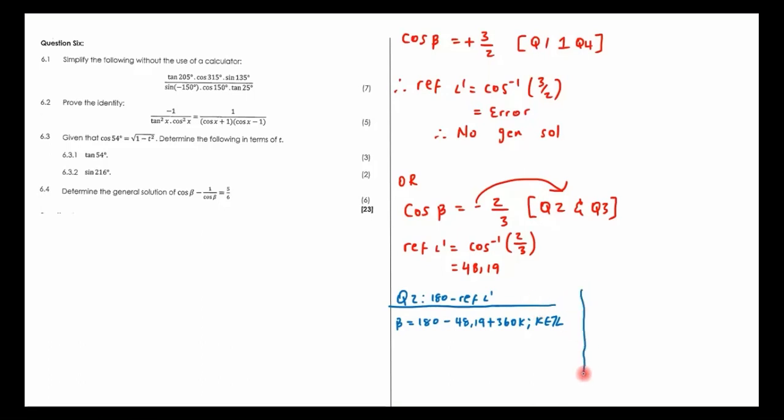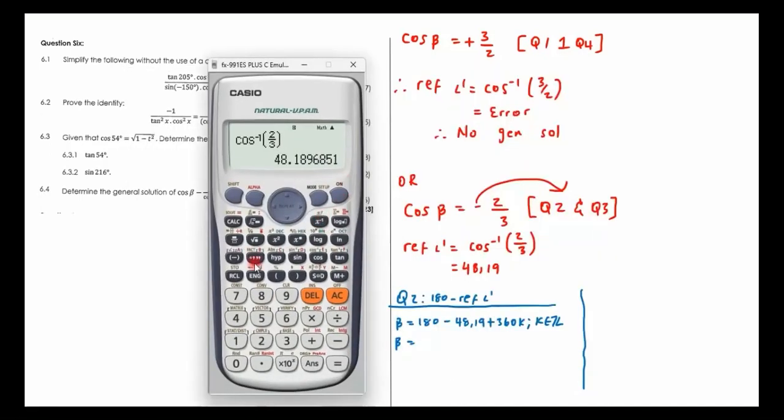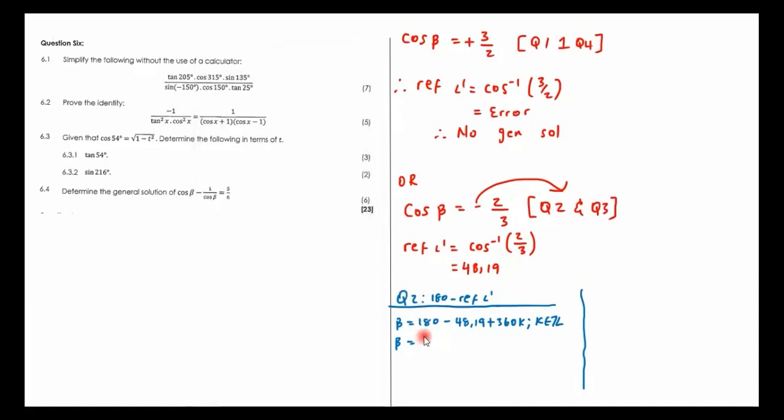Let me just do it like that, and then press this in a calculator. 180 minus 48.19, that will be 131.81 plus 360k, right? Then our third quadrant, it states that the reduction there is going to be 180 plus reference angle. So this is the reduction for the general solution.